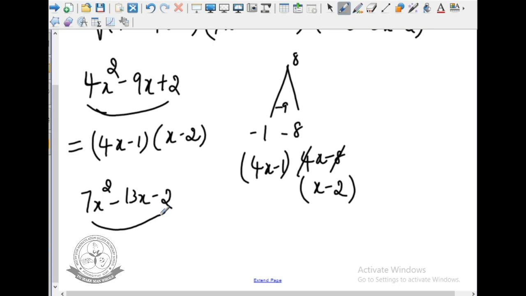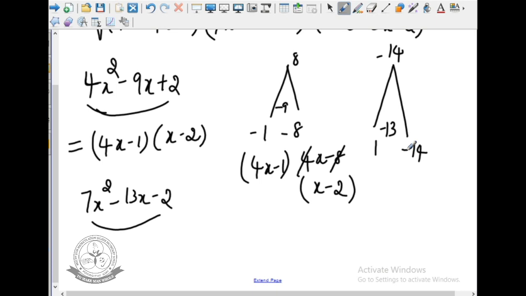The multiplication term is minus 14, the addition term is minus 13, right? So 1 times 14 is 14. If you are having minus in the addition and multiplication also, you should take the minus in the greater number. Now our answer will come.